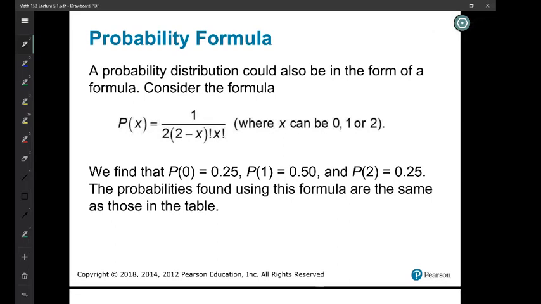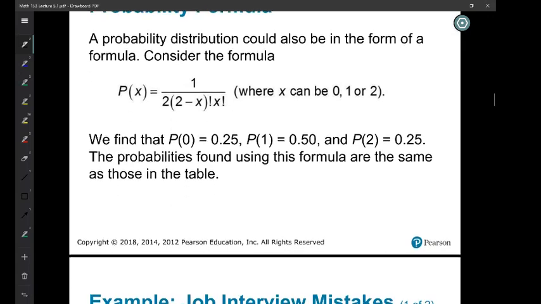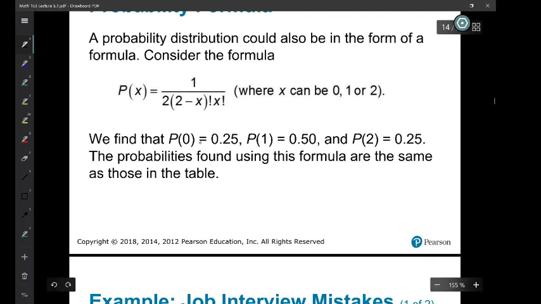So probability distributions can also come in the form of a formula, and we'll see what this formula is saying in a minute. Notice that if we were to plug 0 into this formula, the probability of 0 is 1 over 2 times (2 minus 0) factorial times 0 factorial.